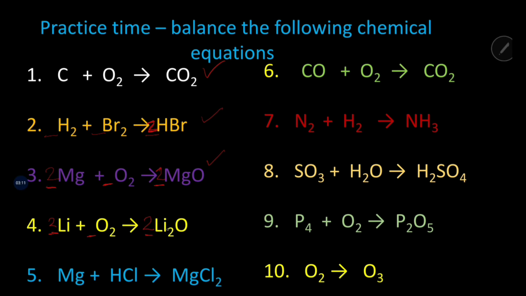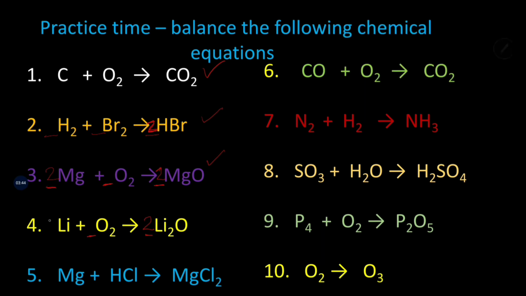But now I have 4 lithiums on the left hand side. So how am I going to balance those lithiums there? Well, I need to put a 4 on the left hand side.